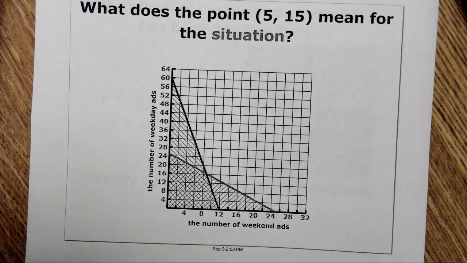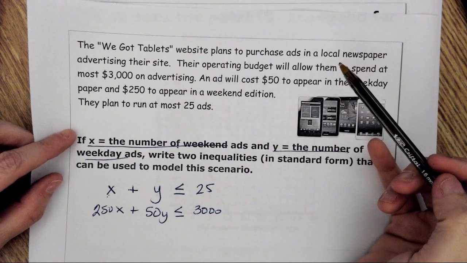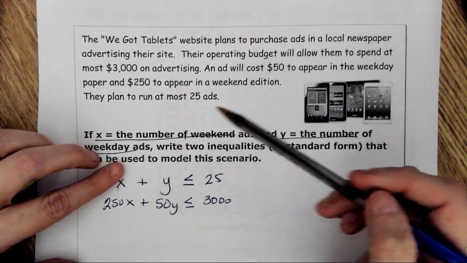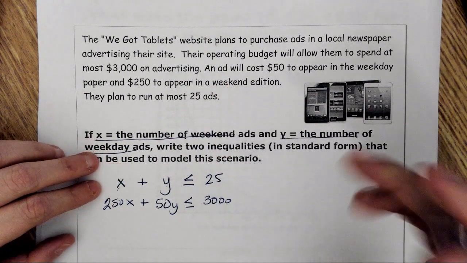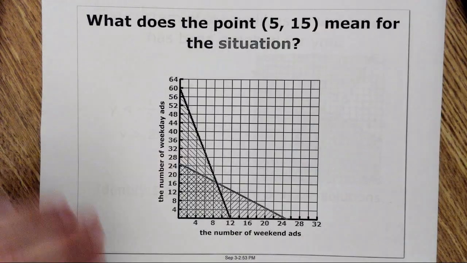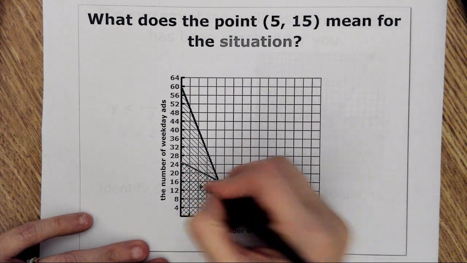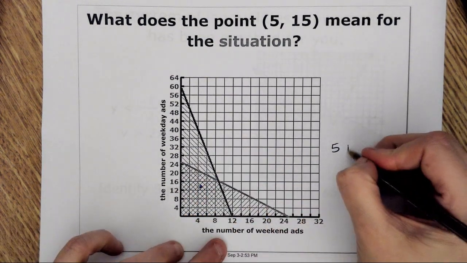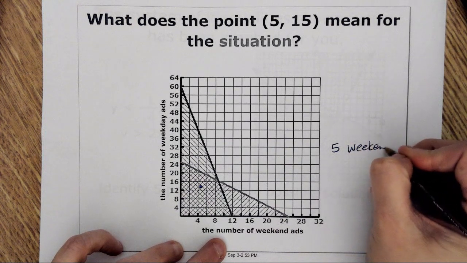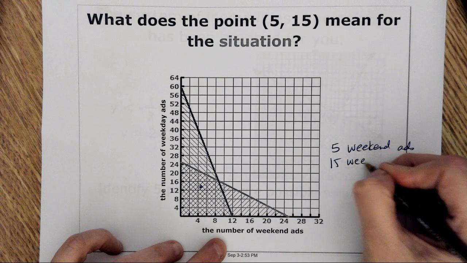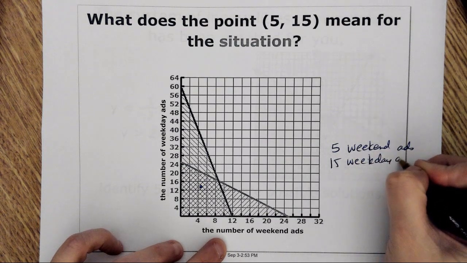Again, if we go back to our original situation, we're going to buy ads in a paper, and they're going to buy weekend and weekday ads. So the point 5, 15 here means that I can buy 5 weekend ads and 15 weekday ads. And what was my goal?